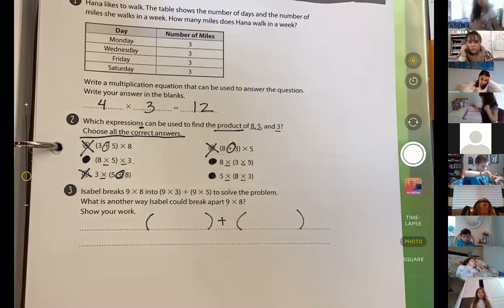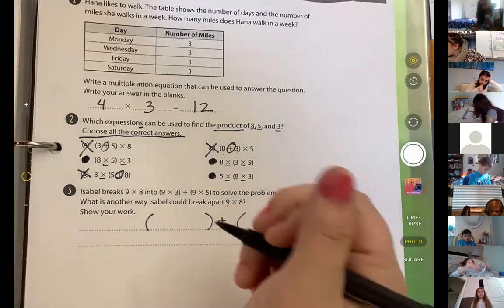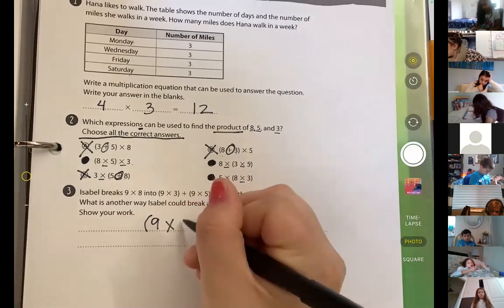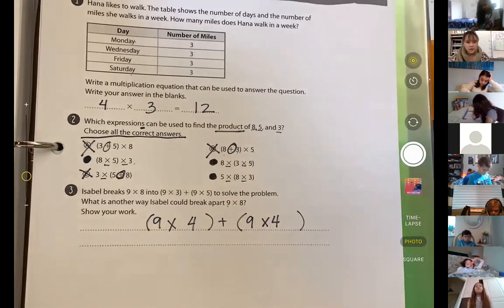Okay, so I'm gonna go through. I'm seeing lots of different answers, which is good, okay? So I'm gonna write a couple different ones I see. You only need to pick one, okay? You don't need to write down everything I'm writing down. I'm just gonna write down all the ones that I see. Okay, so someone gave me 9 times 4 plus 9 times 4.